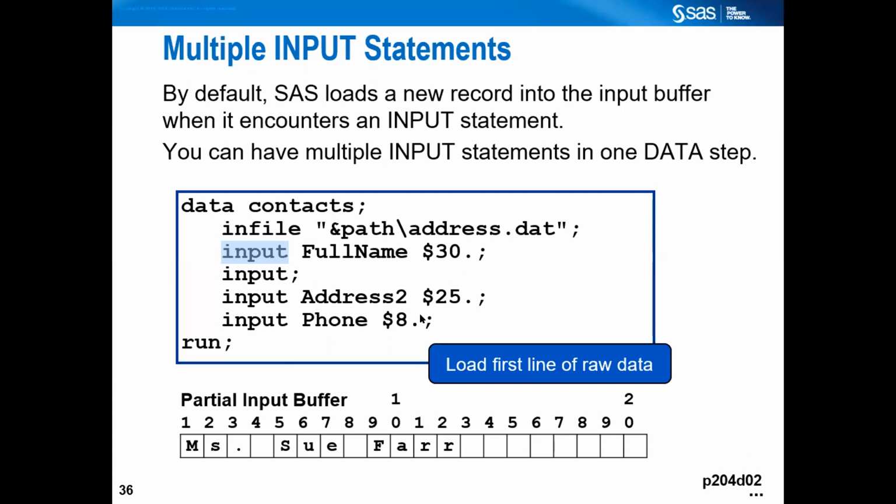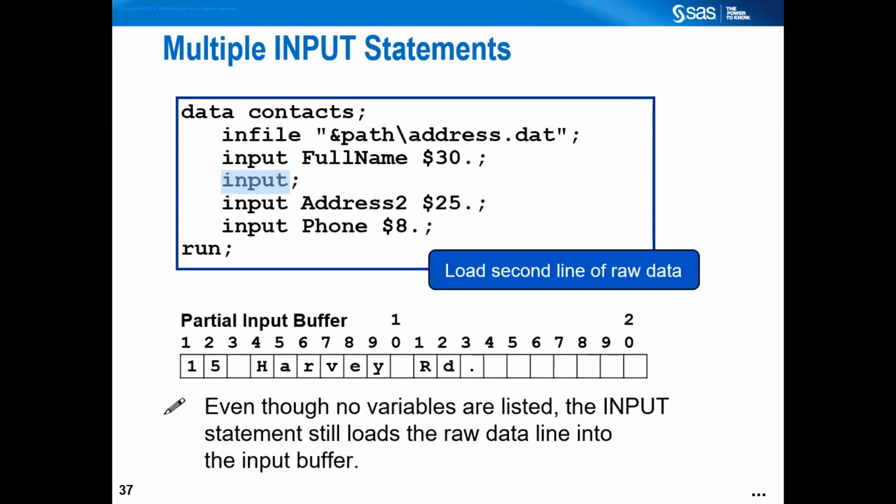So during execution, when the infile is read, your raw data file is loaded with the record, correct? When input is hit, only then, from the raw data record, as per the instructions, it will read the values. When it comes to the next input, your raw data second record will be loaded in the input buffer, but because there are no instructions with the input statement, your PDB will not be processed for this input.